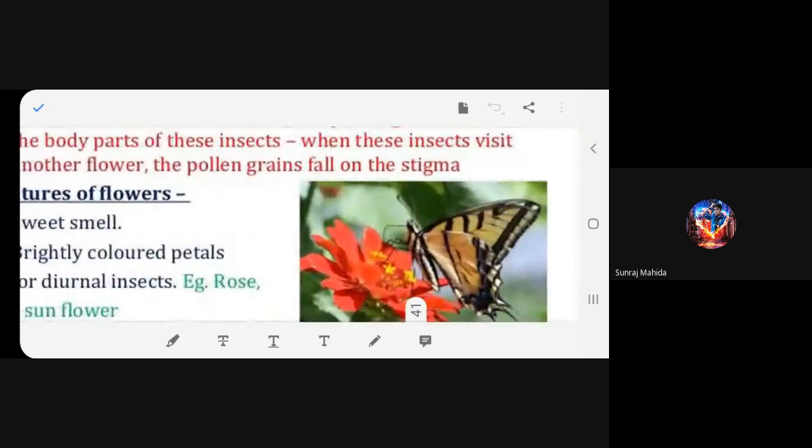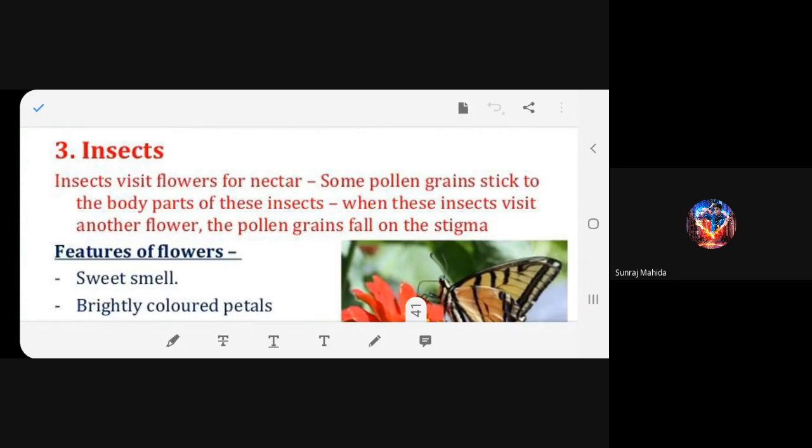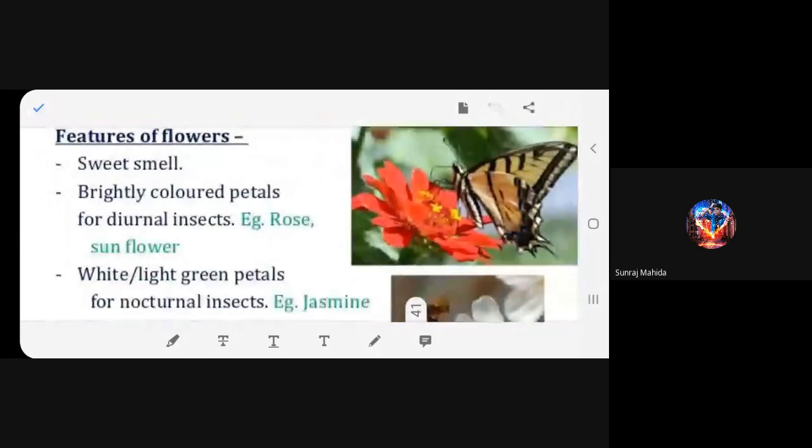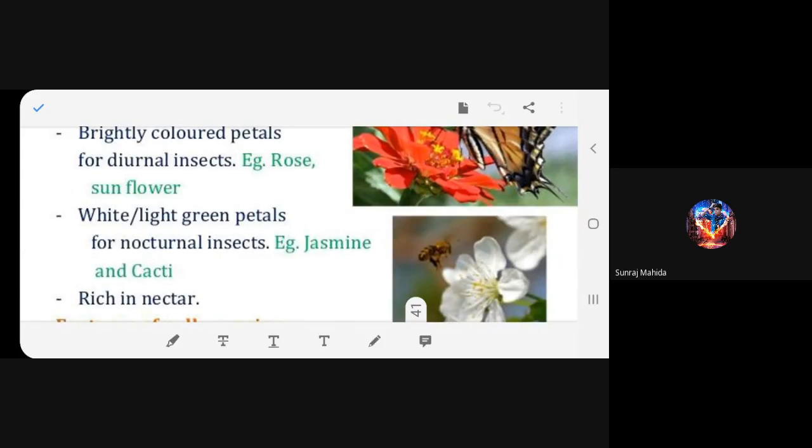Now we come to number three, insects. Insects visit flowers for nectar. Some pollen grains stick to the body parts of these insects. When these insects visit another flower, the pollen grains fall on the stigma. Features of flowers: sweet smell, bright colored petals, for diurnal insects.